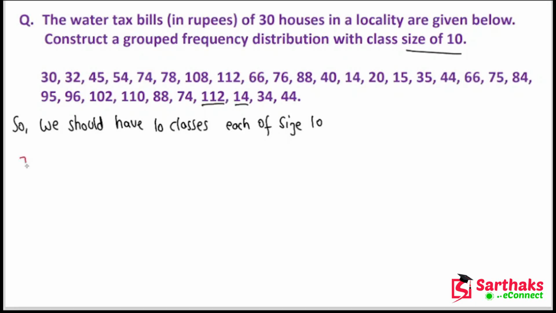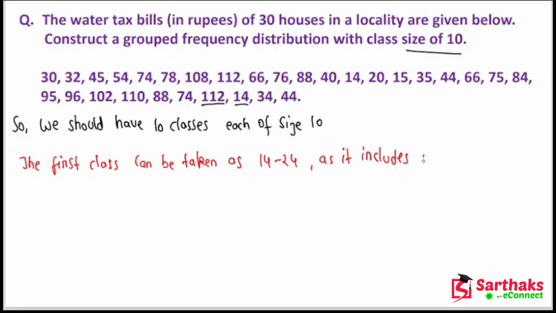The first class can be taken as 14 to 24, as it includes the minimum value 14, and the last class, the 10 classes would end at 104.